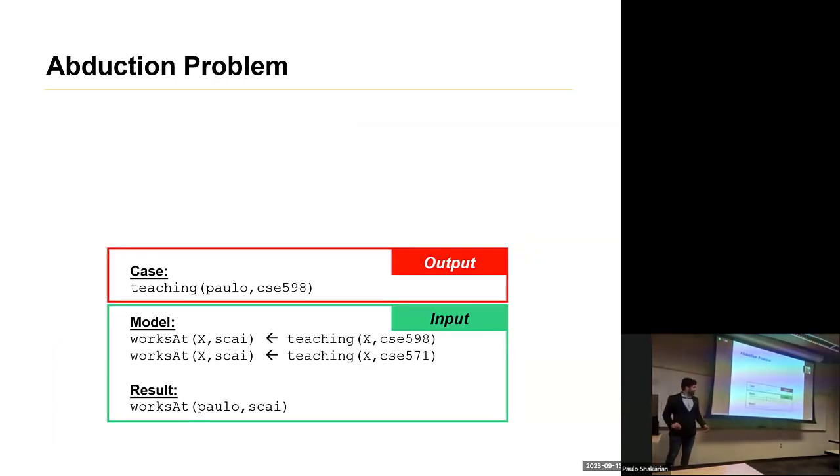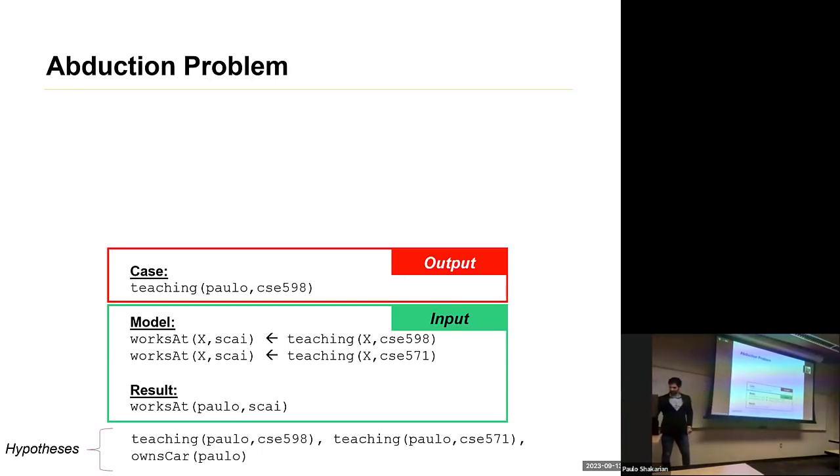Okay, so let's take a look at this again. Here is from the last slide. We have the input, which is the model and the result, and then we can abduce this case. Now, with abduction, you have a set of hypotheses, an additional piece of your input. And this is sort of the area in which you can pick out potential solutions.